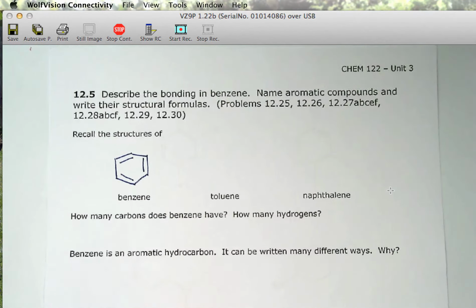How many carbons are in benzene? 6. How many hydrogens does benzene have? Count each one.